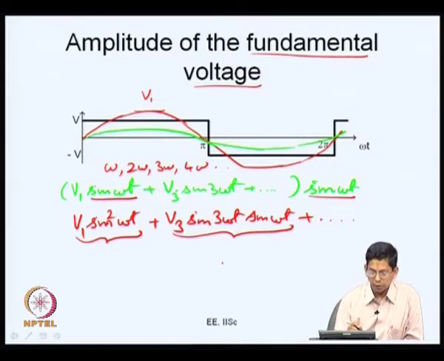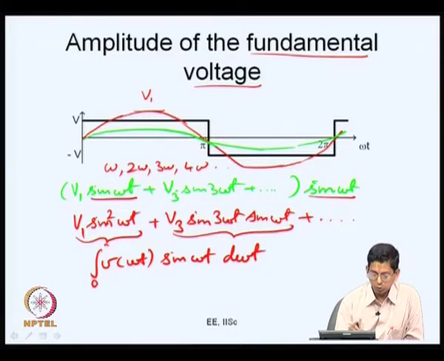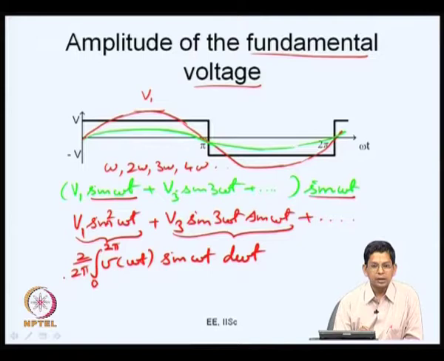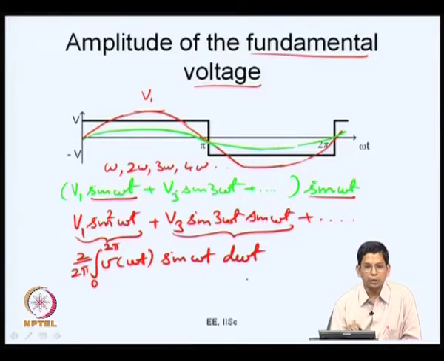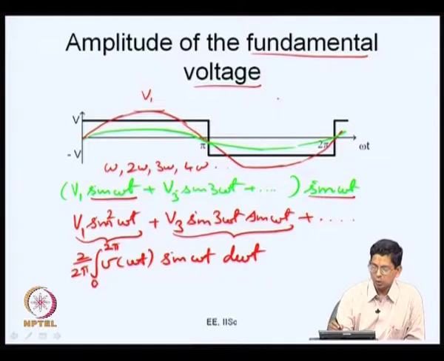Now, what we are trying to do in this case is, we are trying to do V of omega t multiplied by sin omega t d omega t, and we are integrating this from 0 to 2 pi, and this is 2 upon 2 pi. This is what we do to get our amplitude of the fundamental component. This is what you need to do to get this now. We are multiplying it by sin omega t, and one way to put this is, this is an example of what is called an odd function.